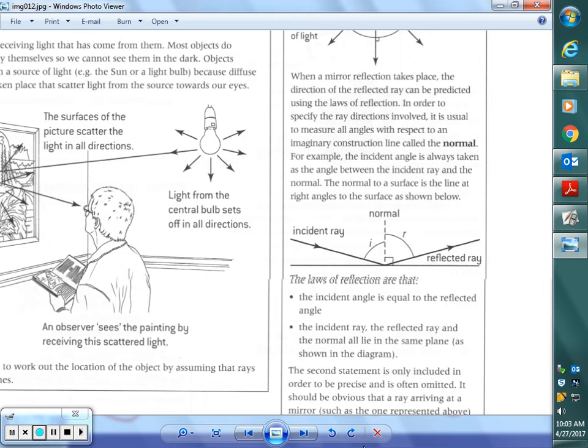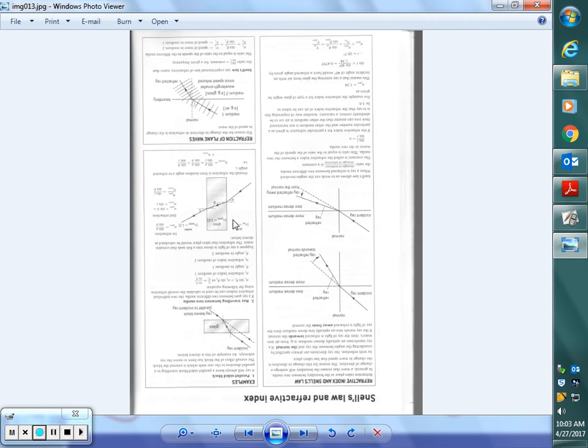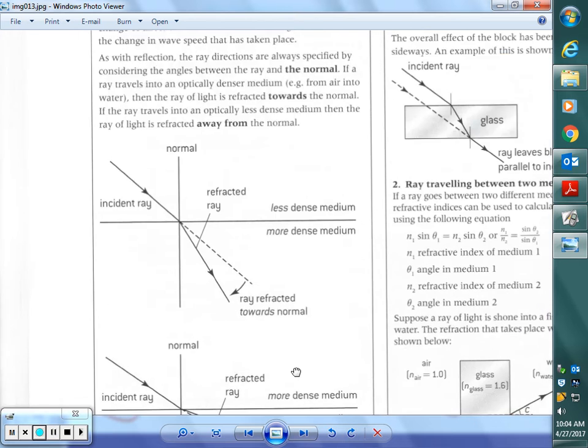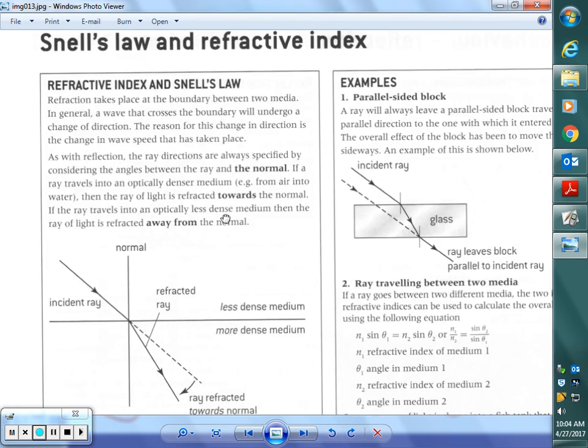Okay, so let's talk about refraction. Like we said, refraction is the bending of a light ray or a wave ray, because it doesn't just happen with light, it happens with everything.